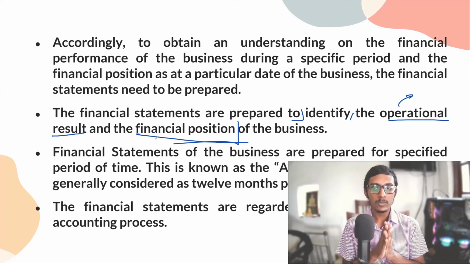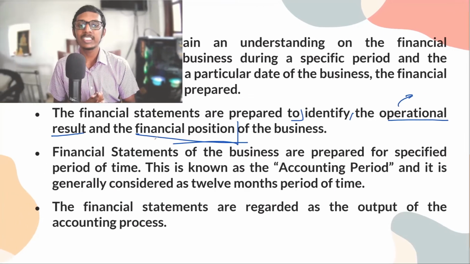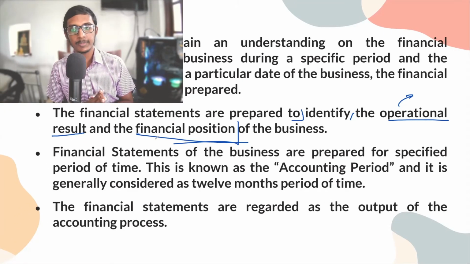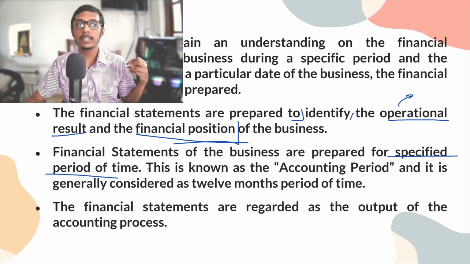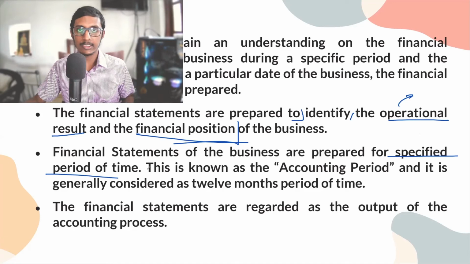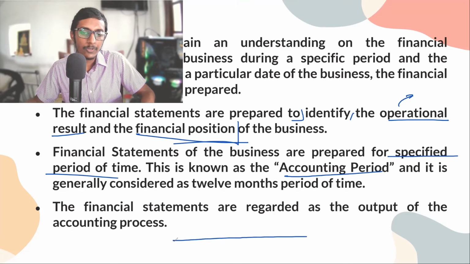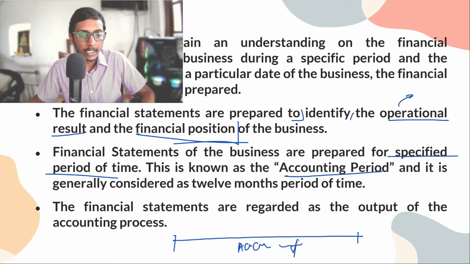Okay. Mainly, financial statements of the business are prepared for a specific period of time. So guys, when we consider preparing those financial statements, we have a specific period of time. This is known as the accounting period. So for example, just assume this is the accounting period, right? Accounting period.